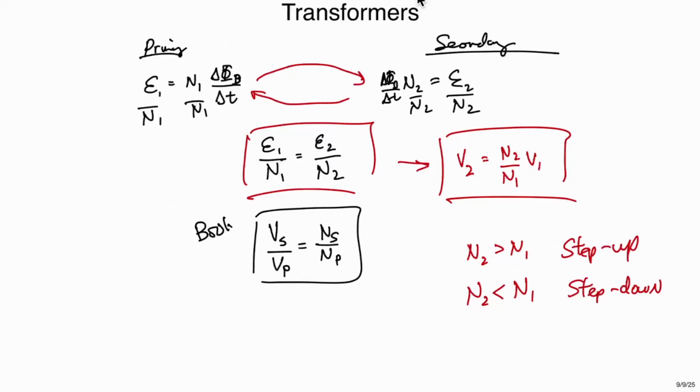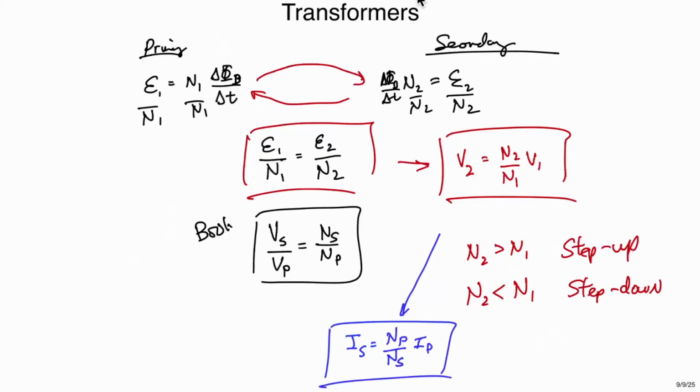So that's why transformers exist, to be able to trade back and forth. You should be aware that no trade comes for free, okay? And there is a corollary to this, okay? Because energy is always conserved and the power delivered has to be consistent no matter what the voltage and current is, the current in the secondary will be equal to the number of turns in the primary divided by the number of turns in the secondary times the current in the primary.